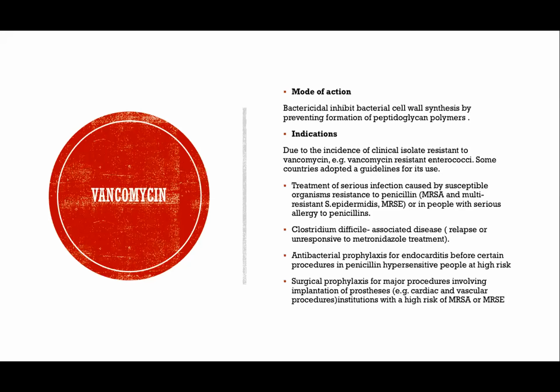The mode of action of vancomycin is bactericidal, inhibiting bacterial cell wall synthesis by preventing formation of protein. The indication of vancomycin is due to the incidence of clinical isolate resistance to other agents. In some countries they adopted that guideline to use the vancomycin.